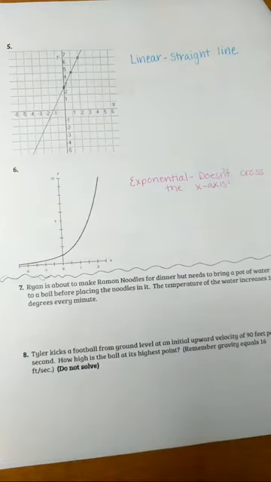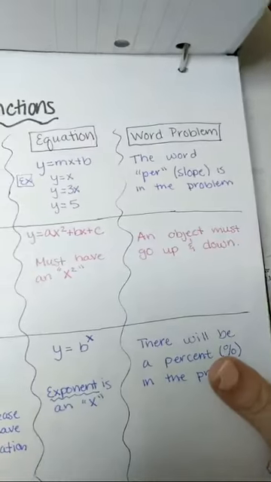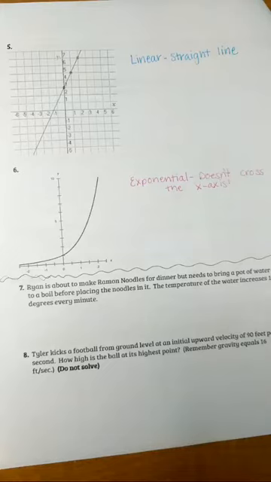If you remember from our introduction video, we went over that something is linear if we say the word per is in the problem, which in this case it is not.